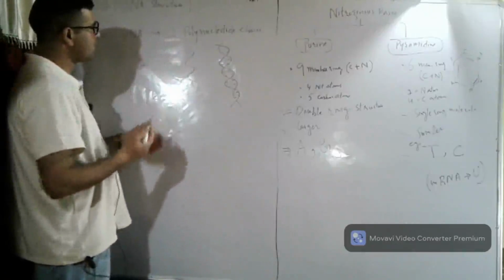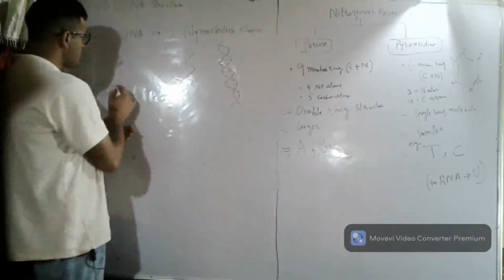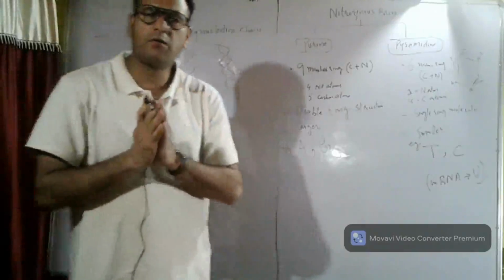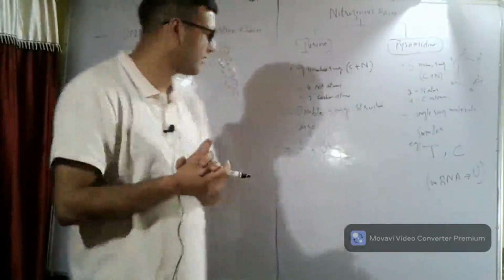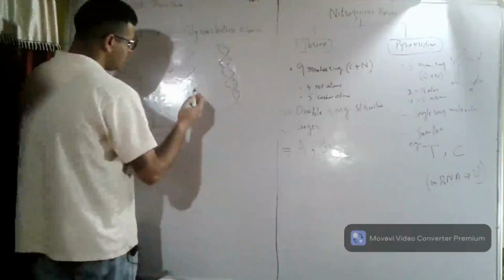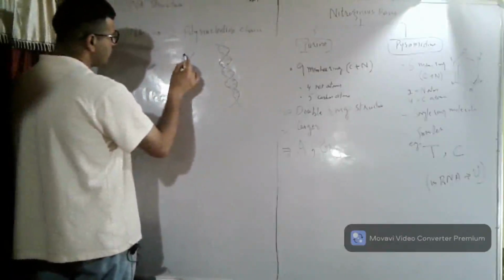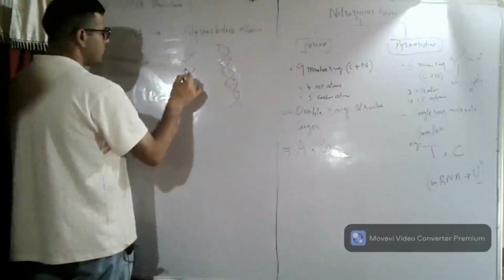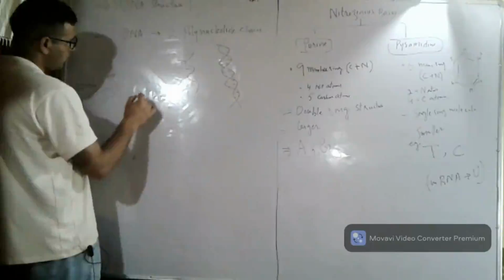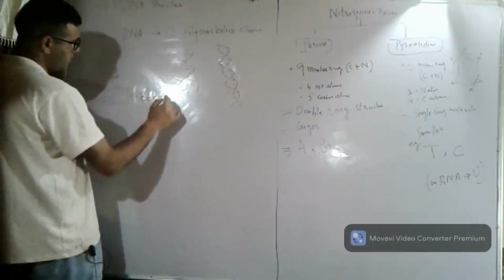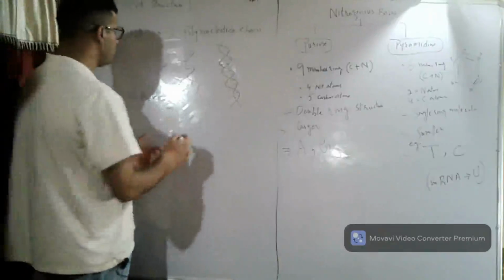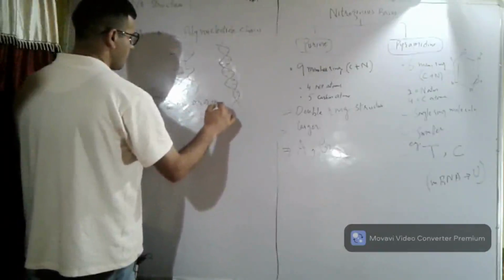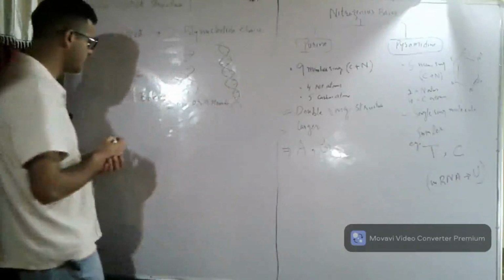These 2 polynucleotide chains are joined to each other by means of a bond that is called a hydrogen bond, between the 2 DNA strands.